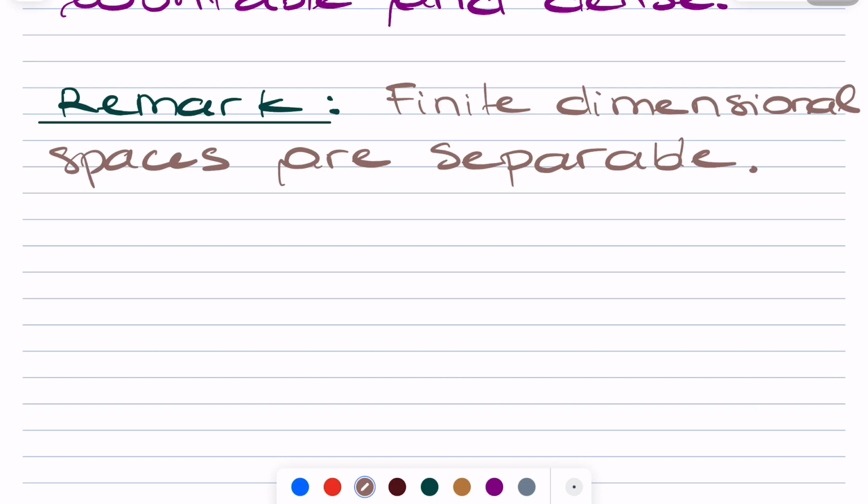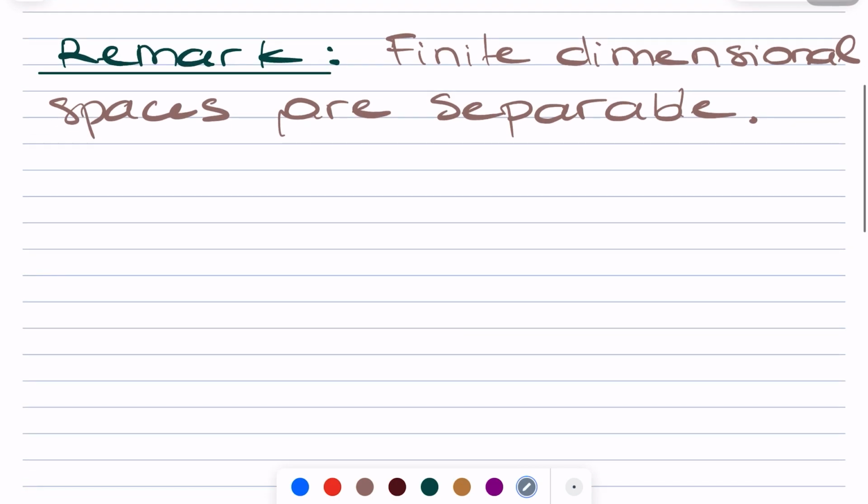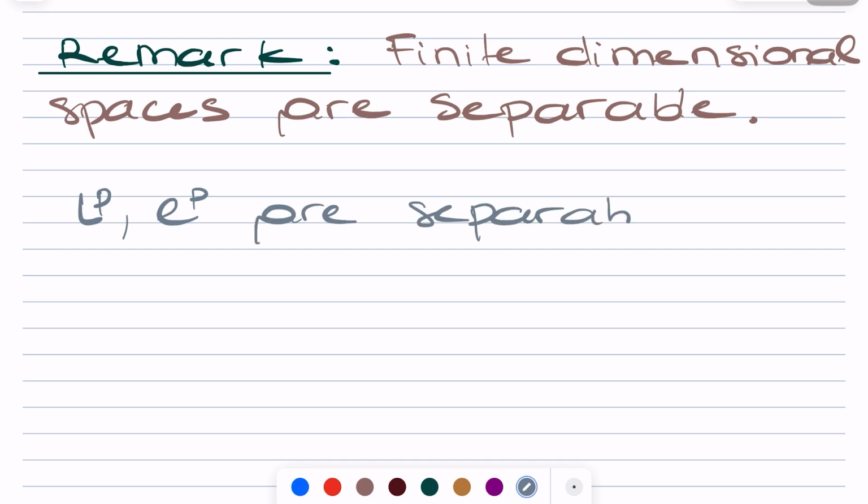Also, we will see probably in the next lecture that L^p spaces, capital L^p and small l^p, are separable for every p between 1 and plus infinity.